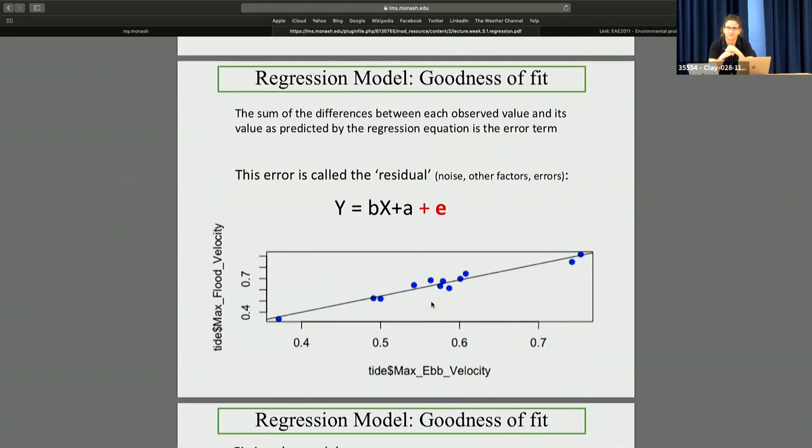There's a residual, you can call it, and it can come from natural noise in the data. It can come from other factors, like maybe during high wind conditions the tide gets pushed off faster, and it has nothing to do with the ebb velocity.